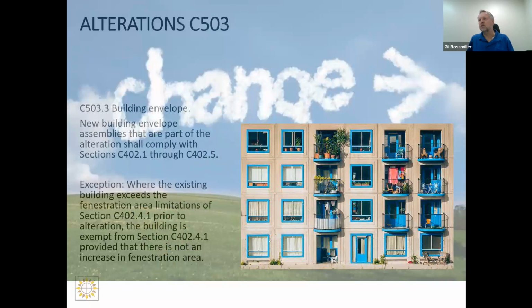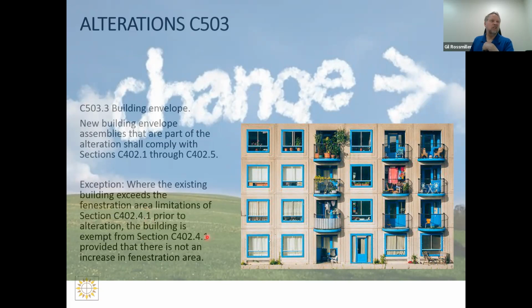Now when we're dealing with alterations, new buildings that are part of an alteration have to comply with the sections in chapter 4. Then it says here, where the existing building exceeds the fenestration area limitations in 402.4.1 prior to the alteration, the building is exempt from that section.